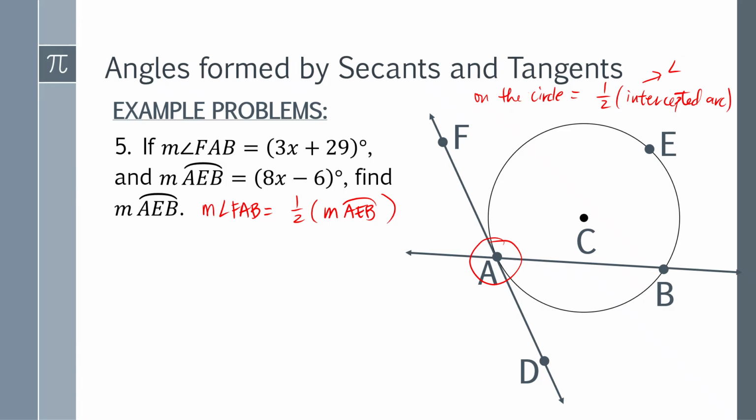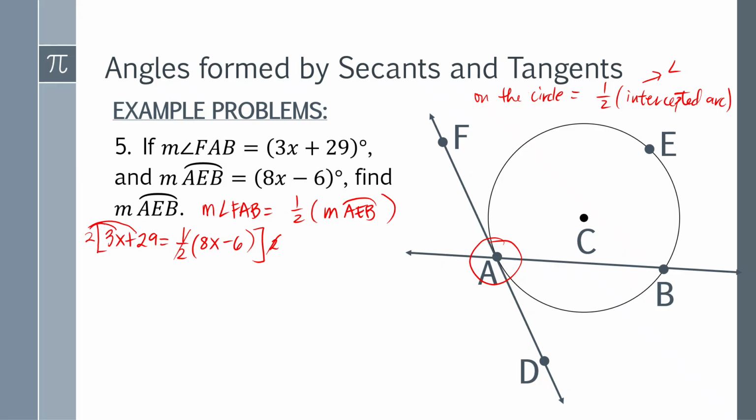So we replace this with 3x plus 29 is equal to 1/2 of the measure of arc AEB, which is 8x minus 6. Then remember, if you have a 1/2 somewhere in your equation, always multiply both sides of the equation by 2, such that this one removes the 2 and 1/2, and the other one uses the distributive property.